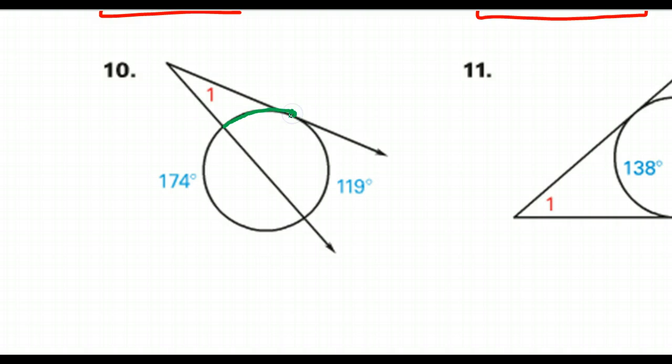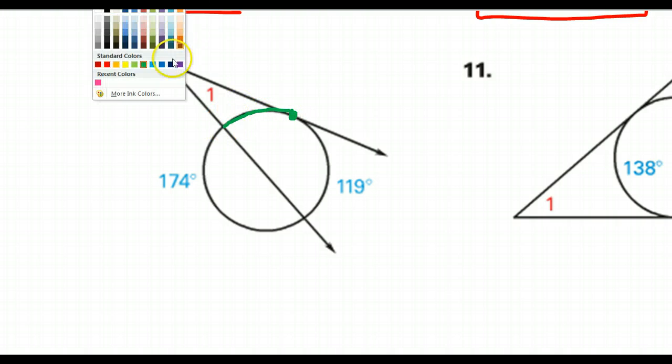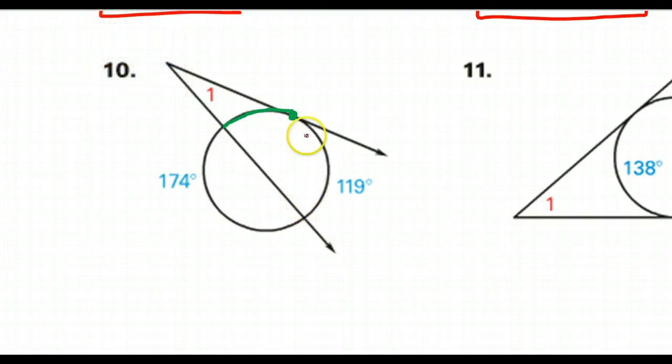At the moment I don't have that, so I'm going to need that. But the other arc is this arc out here, which I do have. Those are the two arcs that I'm going to do a big arc minus small arc with. So to be able to do that, I need the green arc.